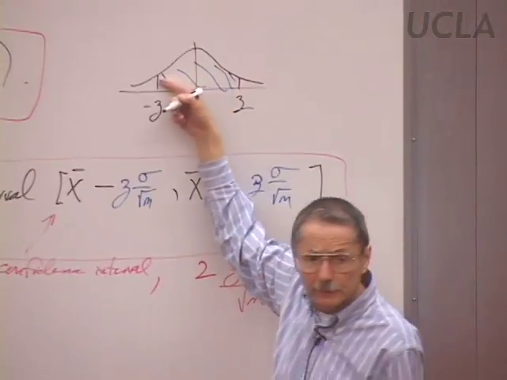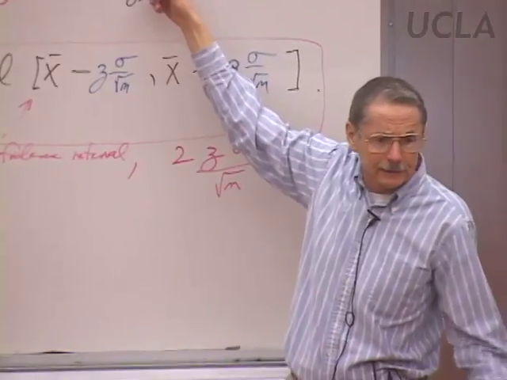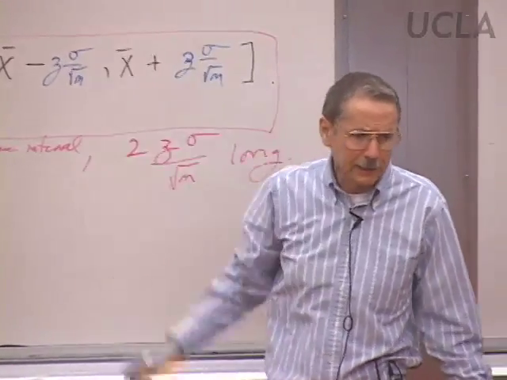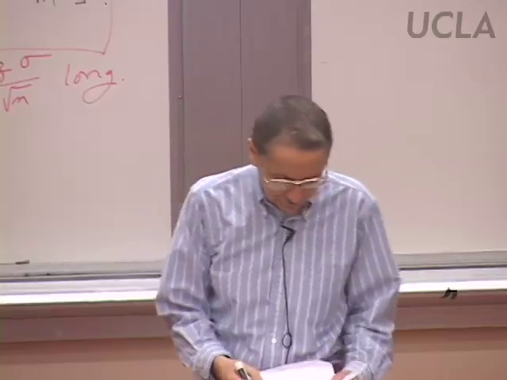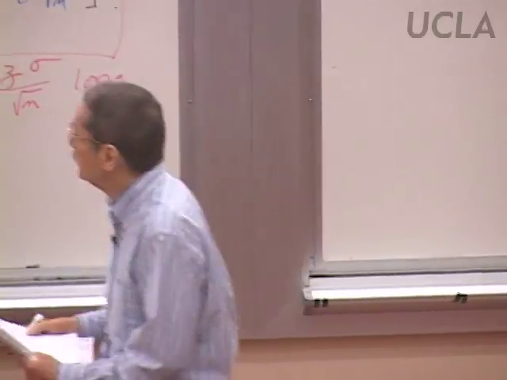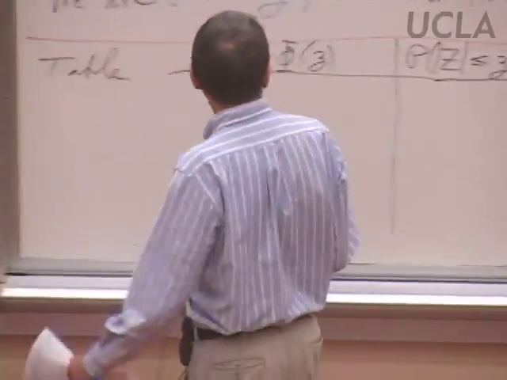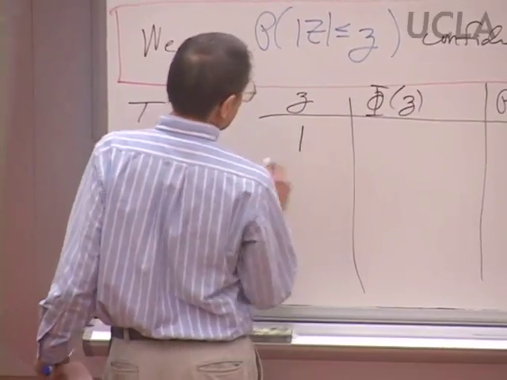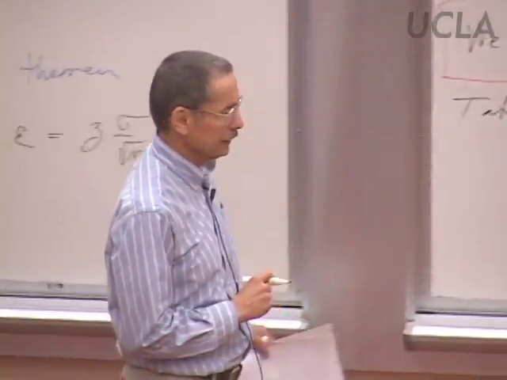Well, if we're willing to have this probability be, say, only 68%, try taking little z to be 1.